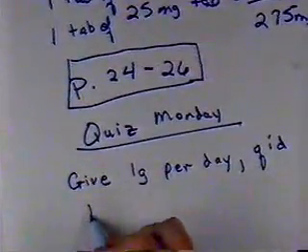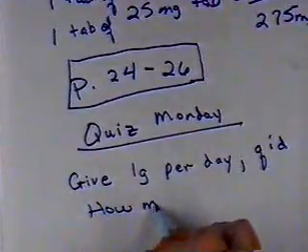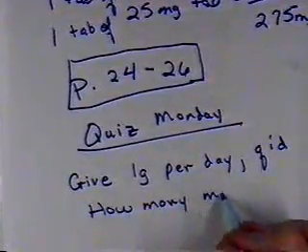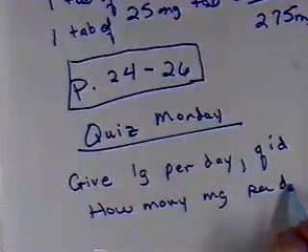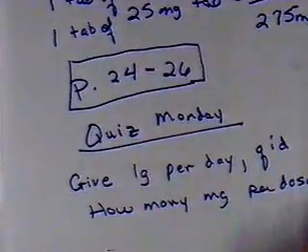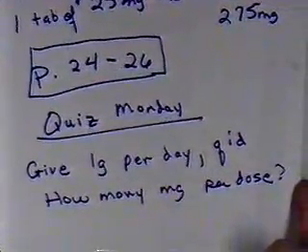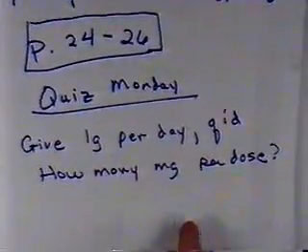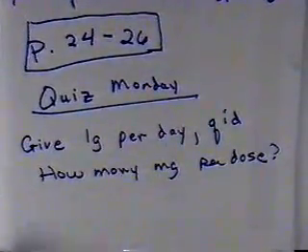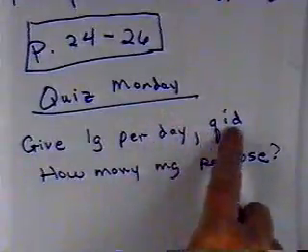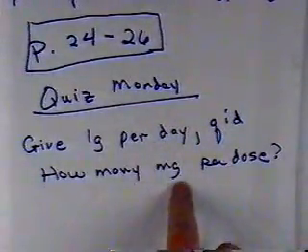Then it will say how many milligrams per dose. I didn't used to go over this because it just seemed so obvious, but this was always the most missed problem on the test. Give 1 gram per day, QID. How many milligrams per dose?